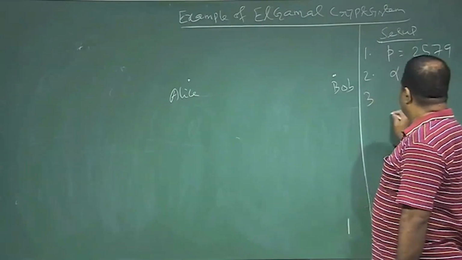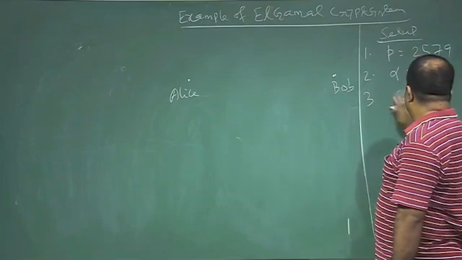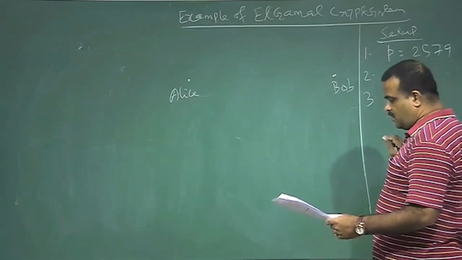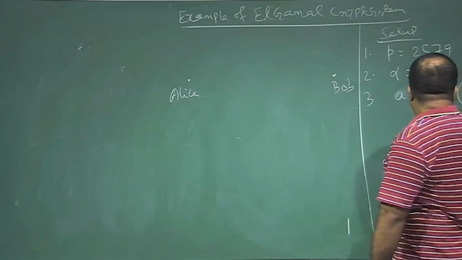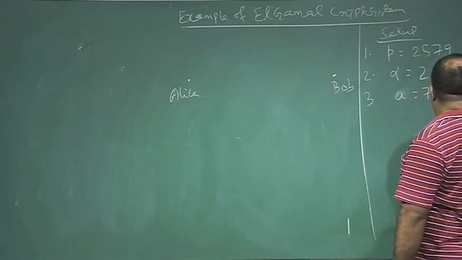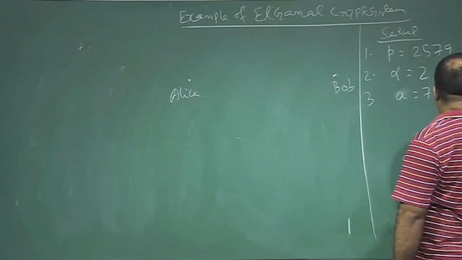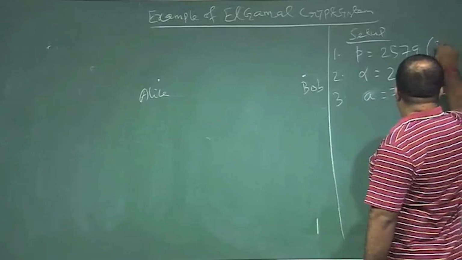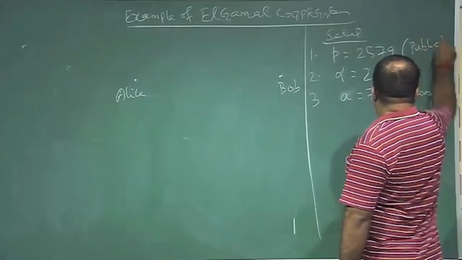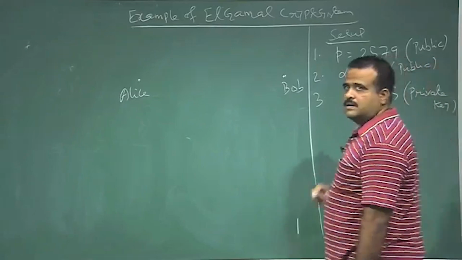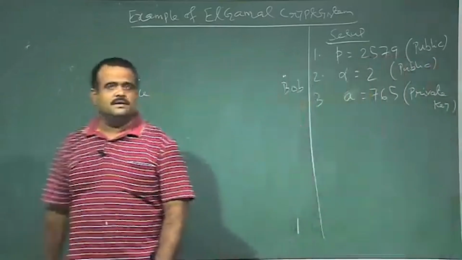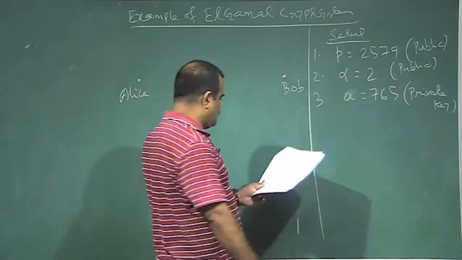Now Bob chooses secret a, which is the private key of Bob. So this is public, this is also public, and a is private.